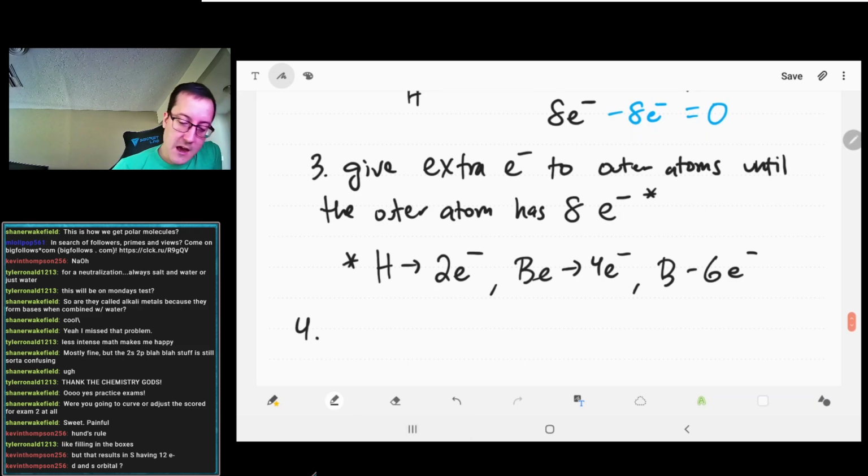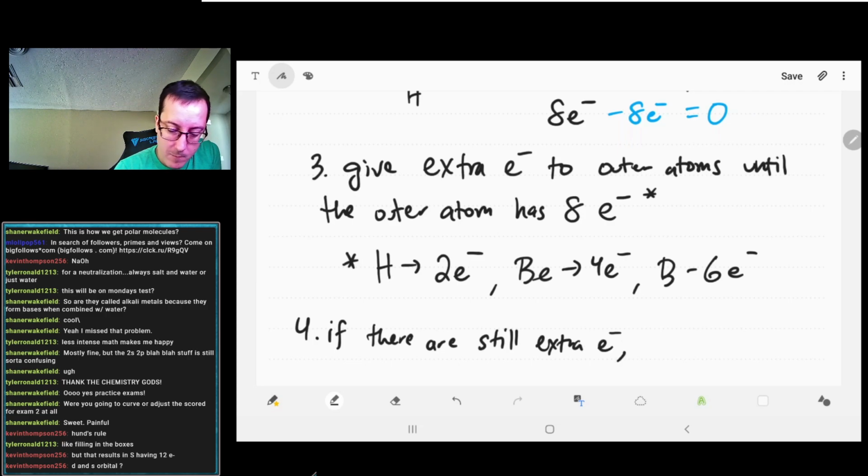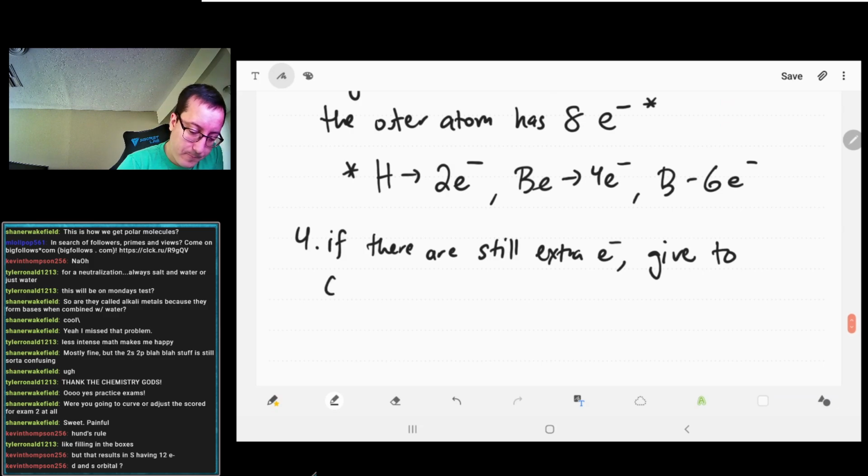If you still have extra electrons, then we would give those to the central atom.